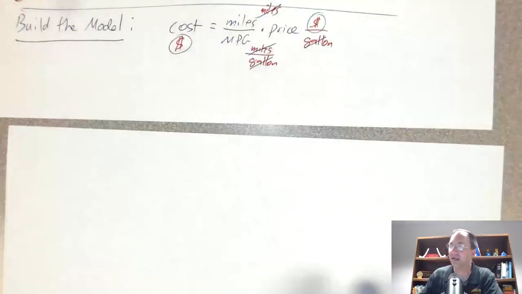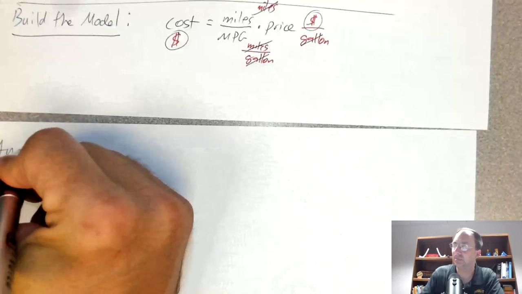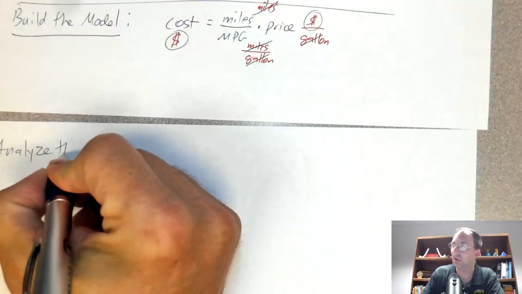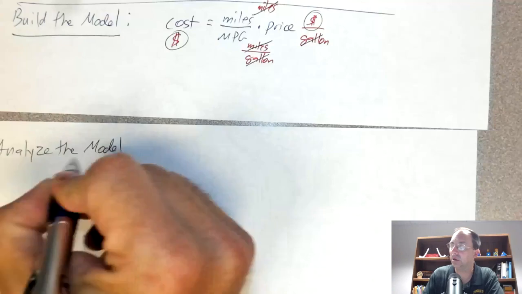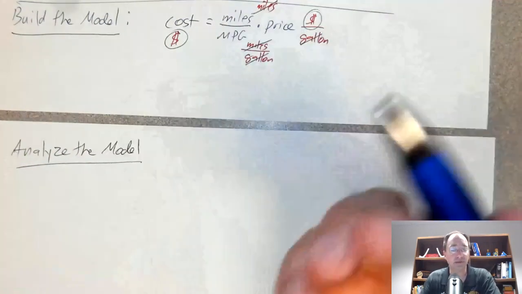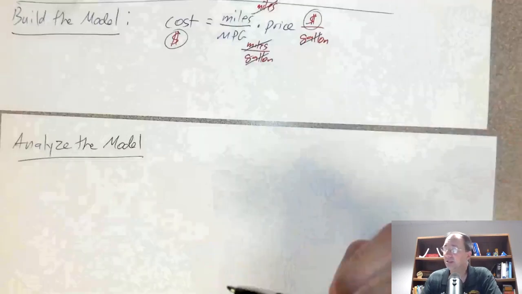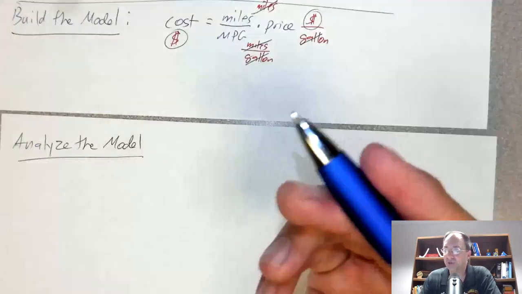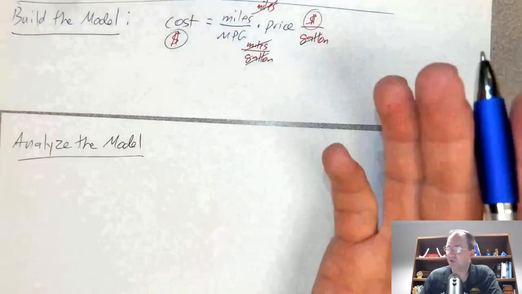The next stage is analyze the model. So here's where we look at our model and see, does it make sense? Is there error? What sort of error could be a part of the model?